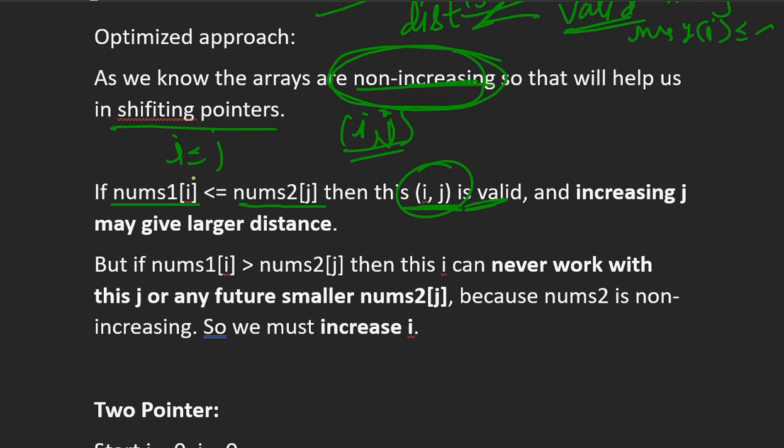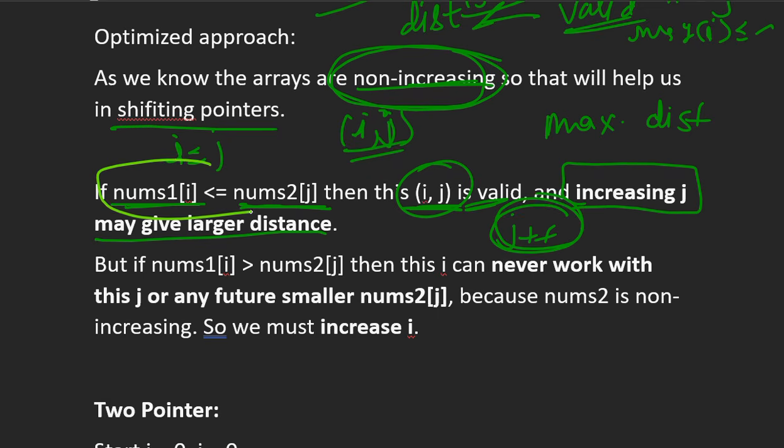If the pair is valid, we try to maximize the distance, so we try to increase j. If we increase j and the condition is still satisfied, our distance will increase by 1. So we increase j until this condition is satisfied.